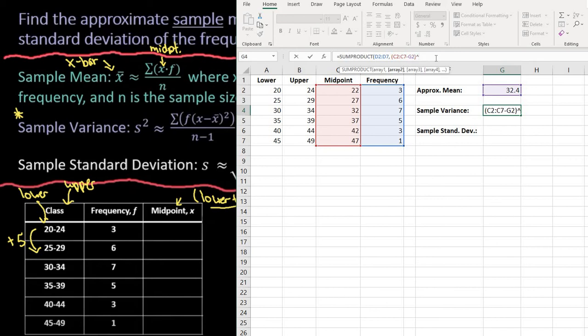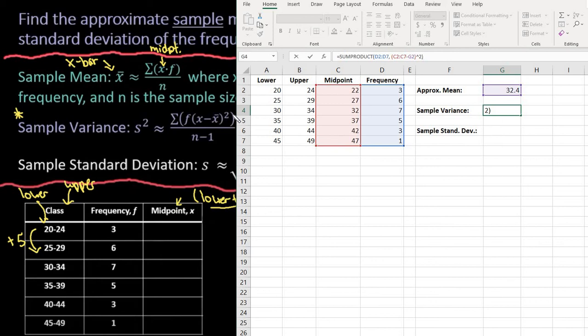So if you hit Shift and 6, you will get the caret key, which will tell us to do an exponent, and I would say 2. So it's the sum product of the frequencies times the difference between x and the sample mean squared. And then don't forget to close your parenthesis.